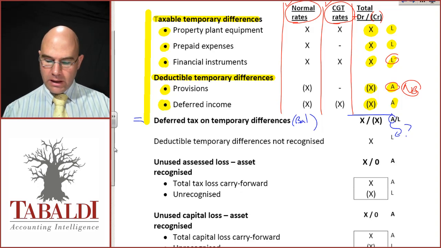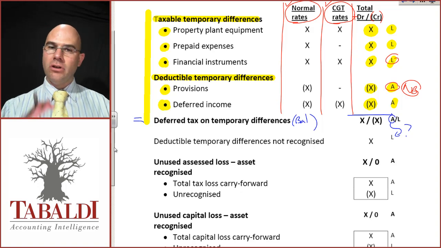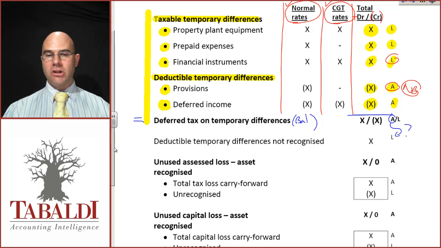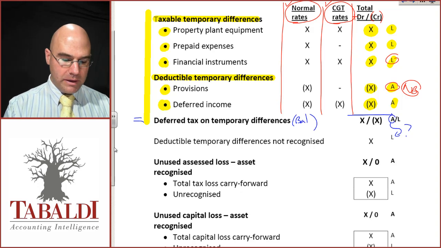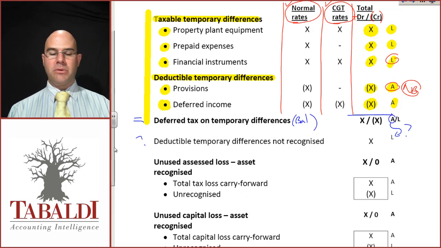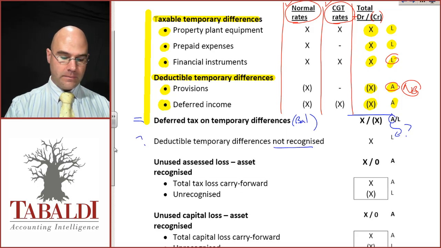If it's probable, then yes, you won't have to derecognize. But if it's not, then you may not meet the recognition criteria for assets. So there may be a deductible temporary difference that is not recognized. Again, a more complex topic for a future lecture, but understand that something along these lines may arise.